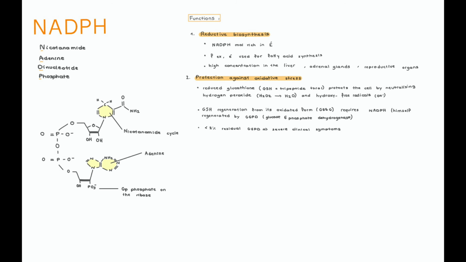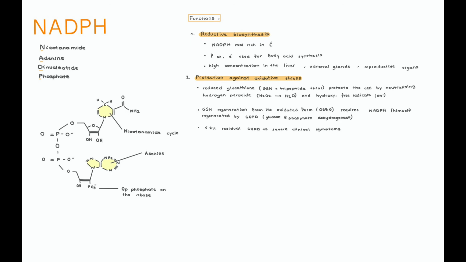So NADPH is a molecule that's very rich in electrons, right? It can donate them to become NADP+, so it's very rich in energy. For example, it's going to be used to synthesize fatty acids. So that means there's going to be a high concentration in the liver, adrenal glands, or reproductive organs.